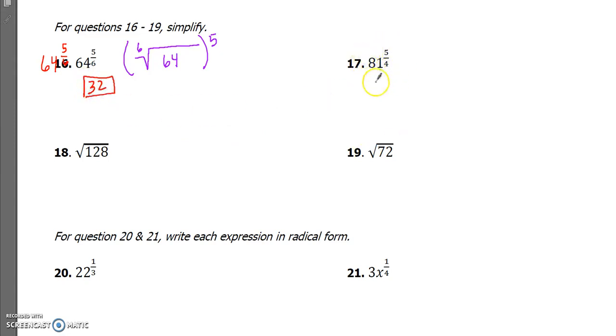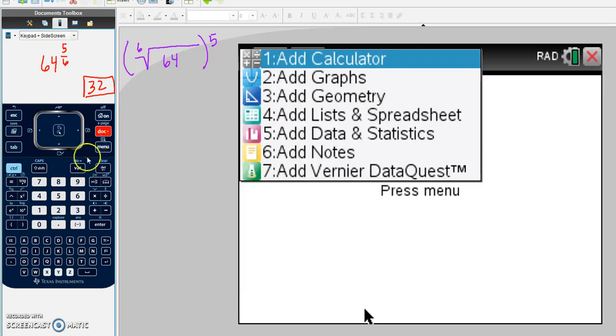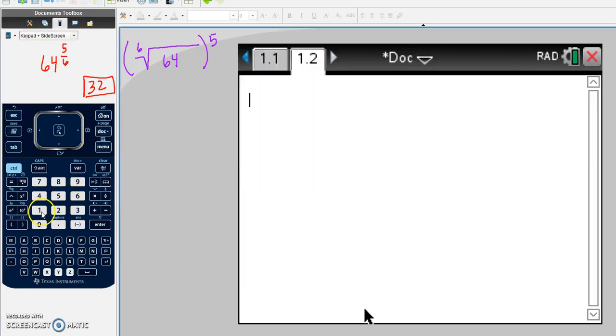Okay, same thing with this one, 81 to the 5 over 4 power. So let's flip back to my calculator. Let me clear it. Alright. Okay, so the problem was, sorry, I lost it.